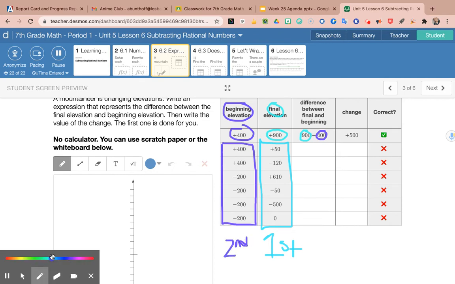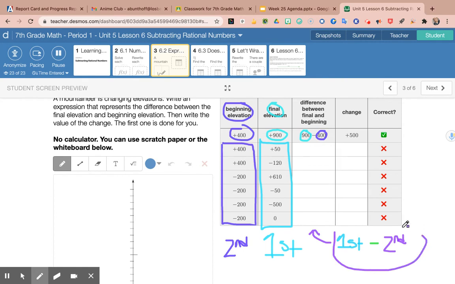I'm going to do the first number minus the second number. That's what I'm doing for this column right here. So if you're wondering how I'm going to get my expressions, this is the pattern I'm going to follow.